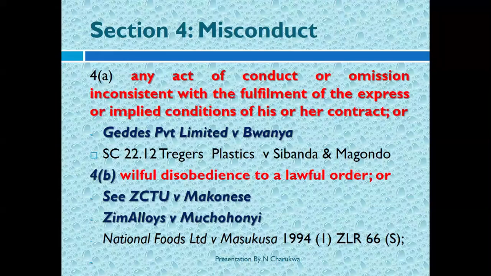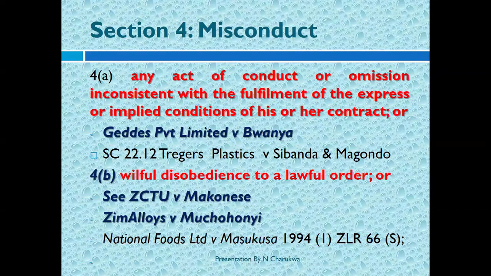So there's 4A, which is the first one: any act of conduct or omission inconsistent with the fulfillment of the express or implied conditions of his or her contract of employment. That's the first one.